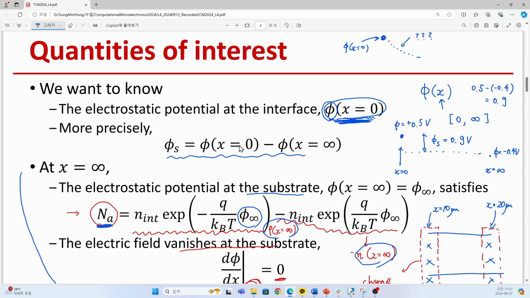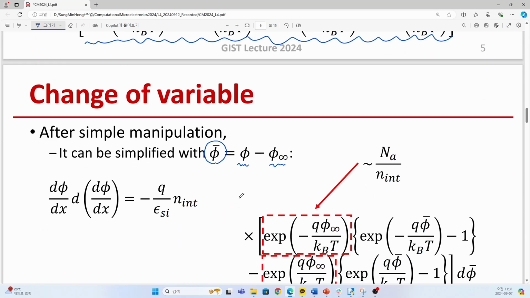Of course, in this case, position is fixed to 0, but if we just generalize it, then we can define the electrostatic potential referenced at the substrate.